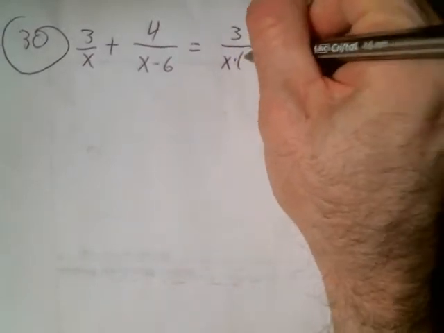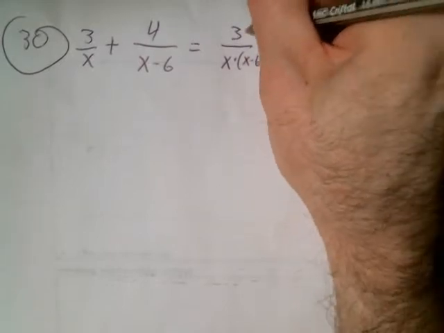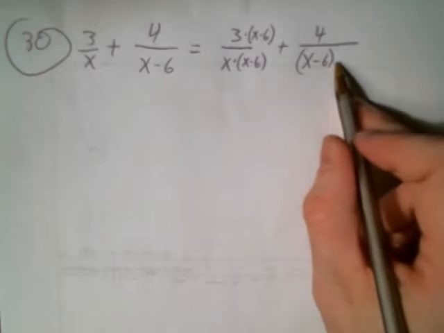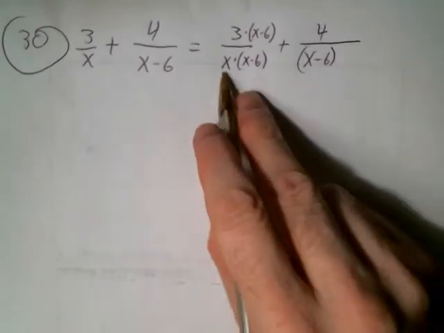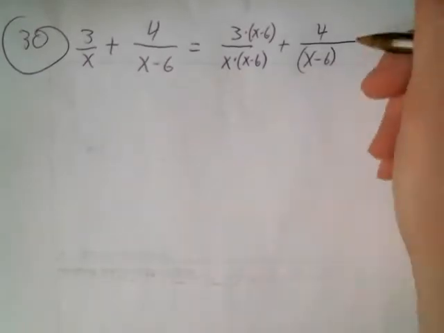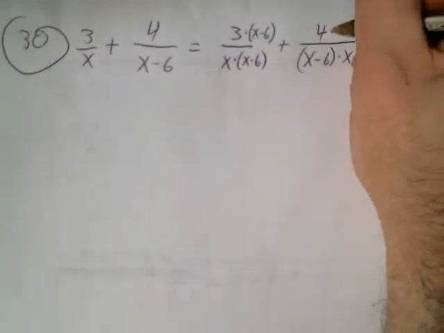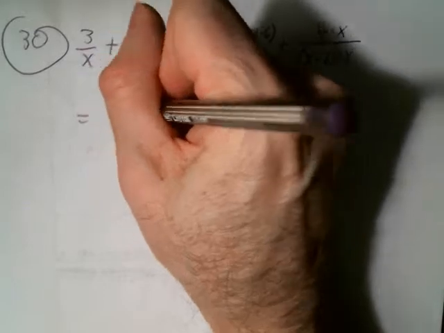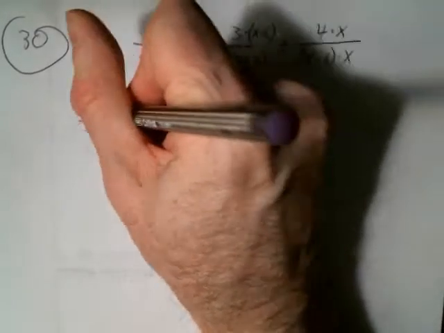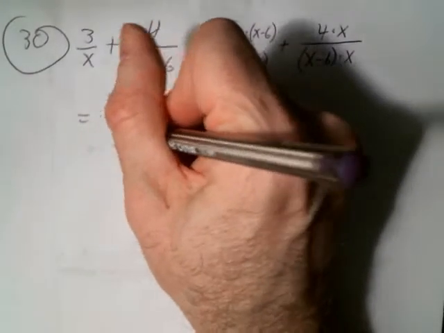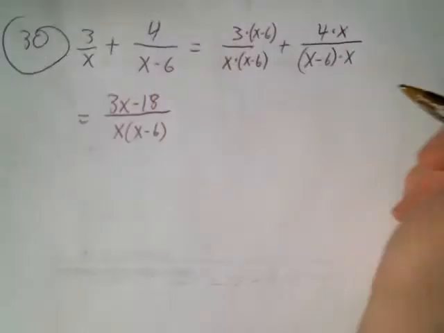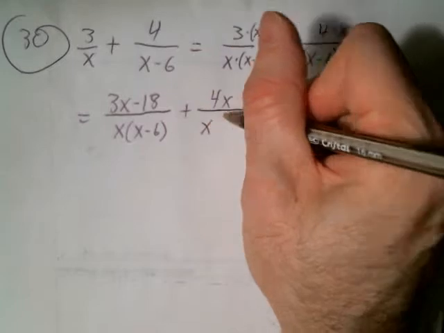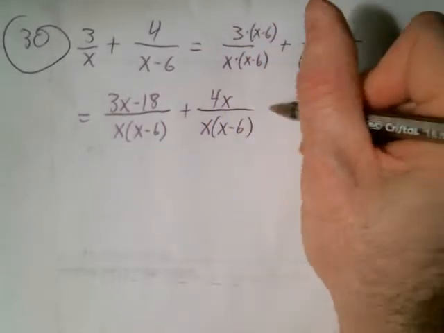So I'll multiply that in top and bottom. Over here, we're missing then a factor of x. So it needs this x now to balance it. So what do we have? 3x minus 18 all over x times x minus 6, plus 4x all over x times x minus 6.